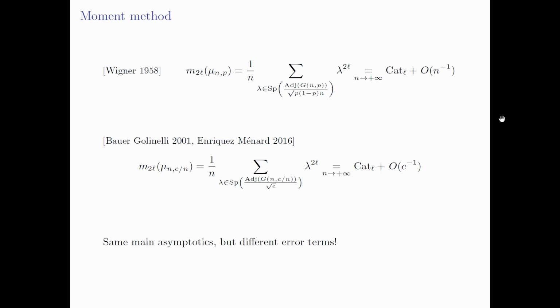And so the odd moments tend to 0, the even moments tend to a Catalan number, and the only law with moments the Catalan numbers is the semicircle law. So that was his proof. So we do the same here. And actually, it was done before. And when we take the limit when n goes to infinity, we find, again, the Catalan numbers. So we're very happy. But actually, it's very different from what is on top.